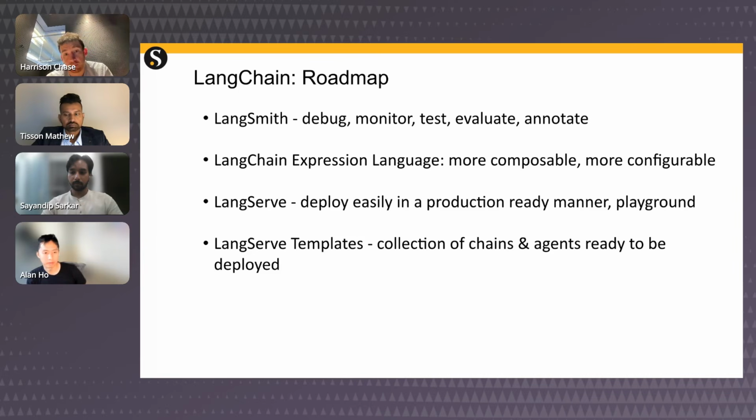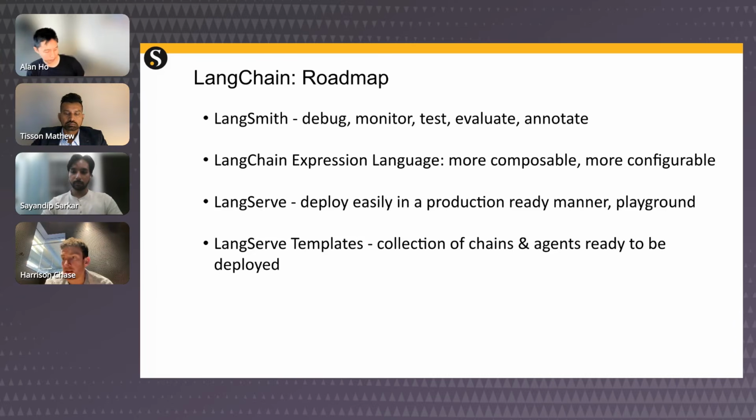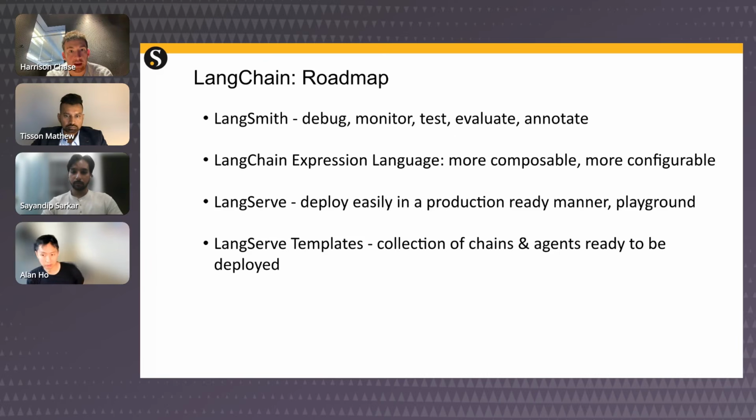And then the other big thing that we've been working on is LangSmith, which is the main way that most people use it, honestly, for debugging things. Because as you have these chains and agents that make multiple calls, being able to see exactly what is going into the language model at every point in time is important.